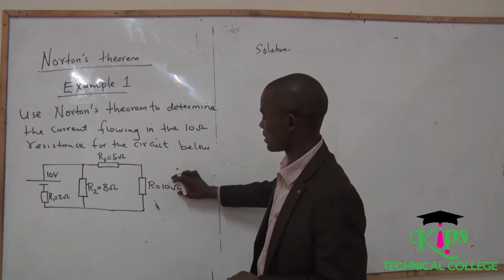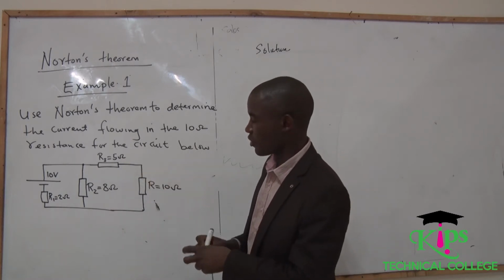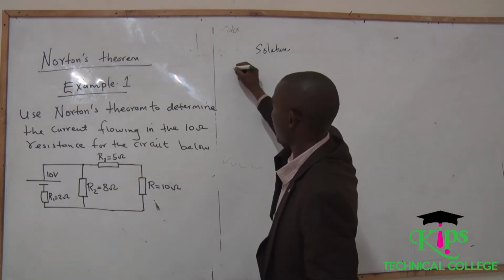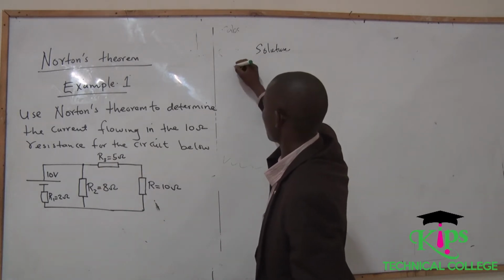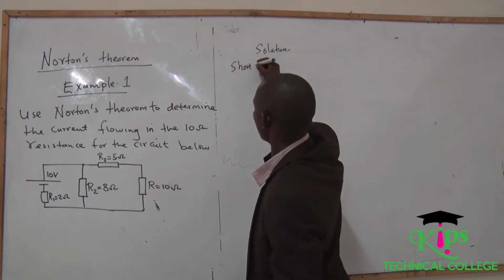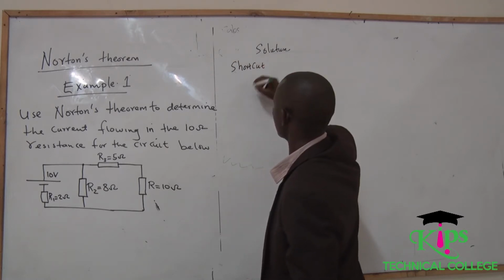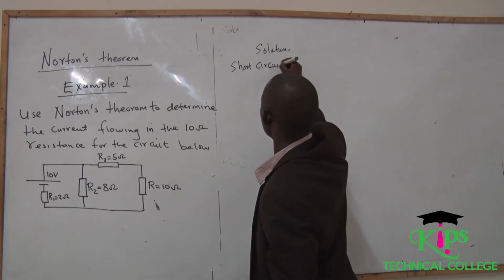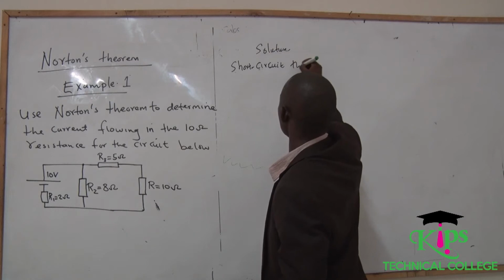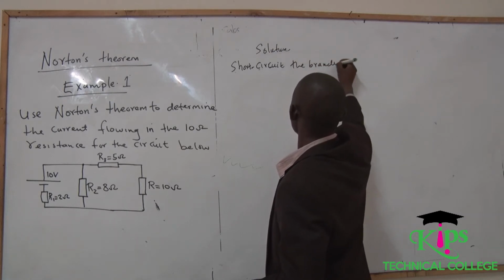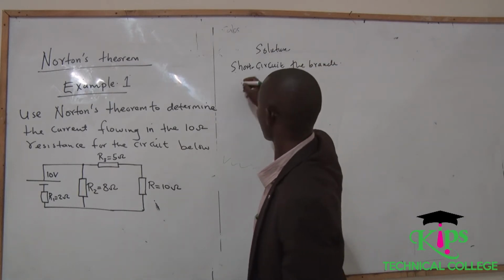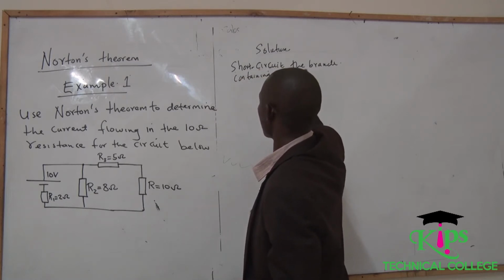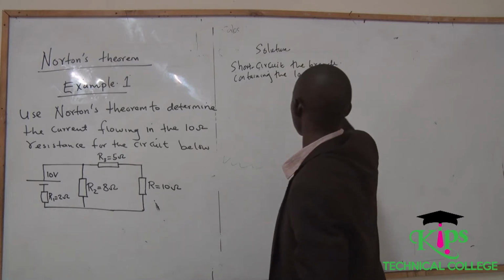Remember, because this resistor is in series with this one, we're going to short circuit the whole of this branch. So the first step is to short circuit the branch containing the 10 ohm resistor.